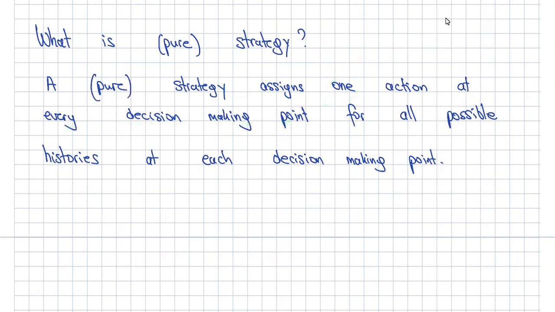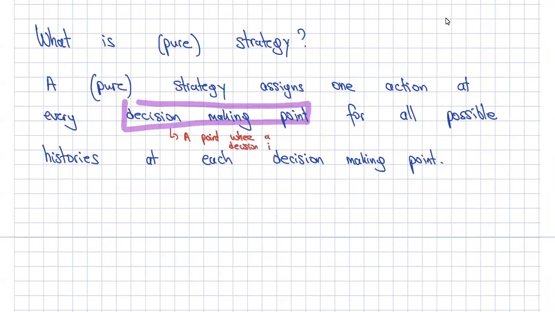So what is a decision-making point? Well, it's a point in the game where you have to make a decision. You can actually count the number of decisions that you have to make in a particular game. So a point where a decision needs to be made.